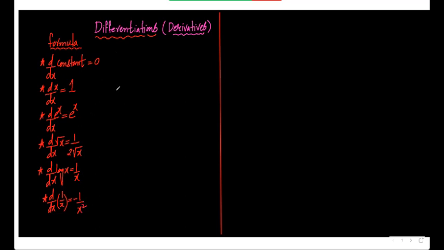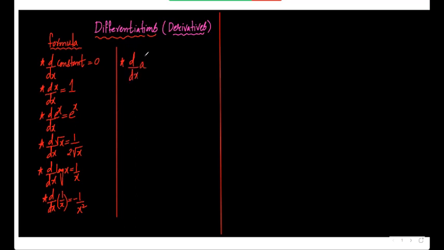Then next, so many formulas are there. There is a list of formulas I am giving you, which will really help you understand this topic. Then d by dx of a to the power of x.